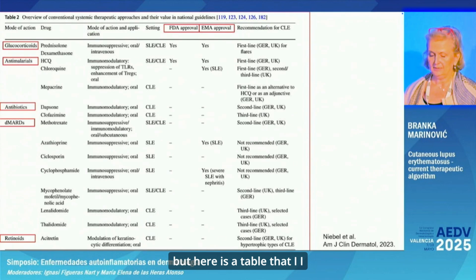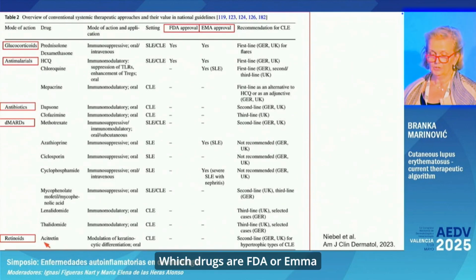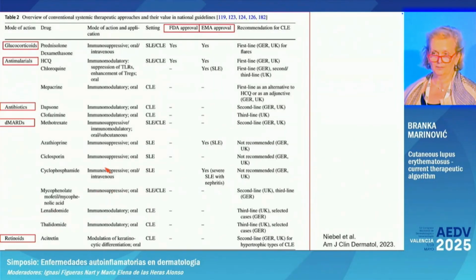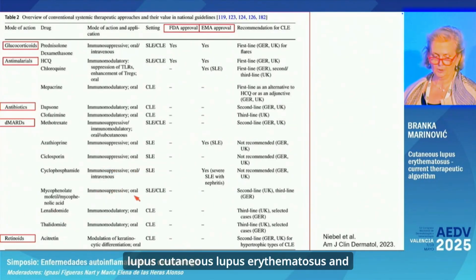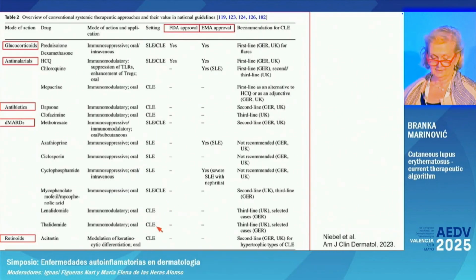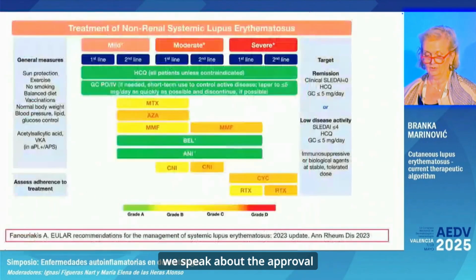But here is a table that I would like just to show you, which drugs are FDA or EMA approved for the treatment of cutaneous lupus erythematosus, and those are steroids, antimalarials, and nothing else is approved. We speak about the approval.